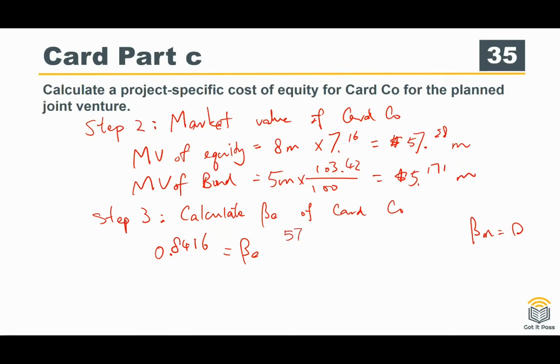With the market value of equity of 57.28 divided by the total value of the company, using the provided numbers here, which should be 57.28.